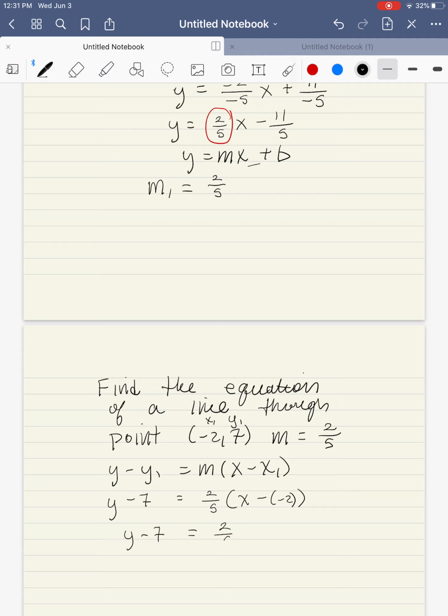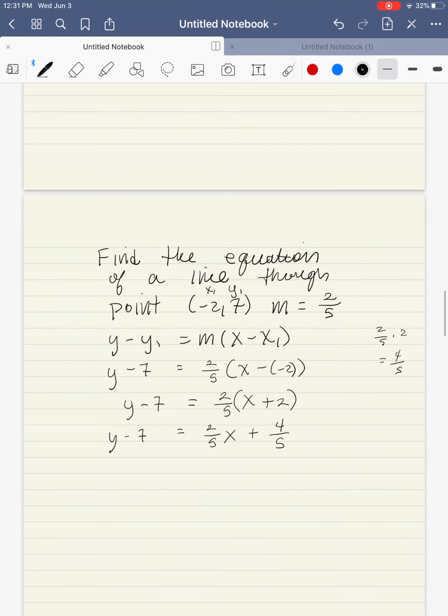And minus -2, watch my signs here. I have y -7 equals 2/5, x plus 2. So I distribute the 2/5. And remember, when I multiply a fraction times an integer, I just multiply the numerators and the denominators the understood 1.